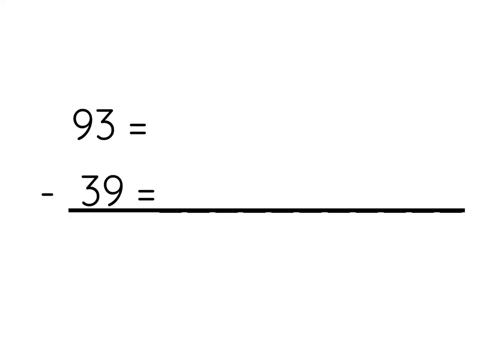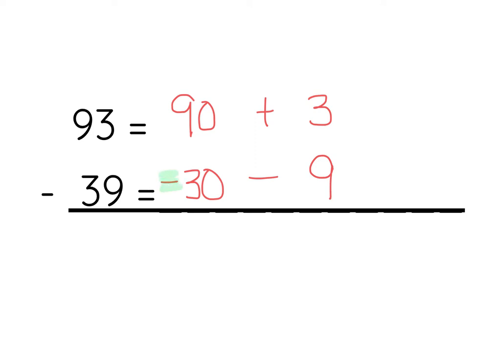All right, now it's your turn to write them out. Again, push pause, and then when you have it solved, push play again to check your work. 90 plus 3 and minus 30 minus 9. Did you make sure that you had this minus sign there and your minus sign there?